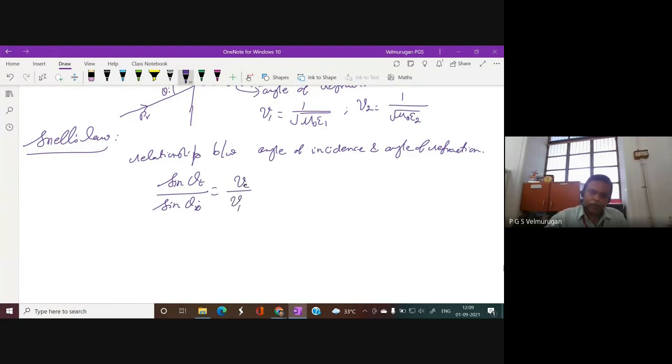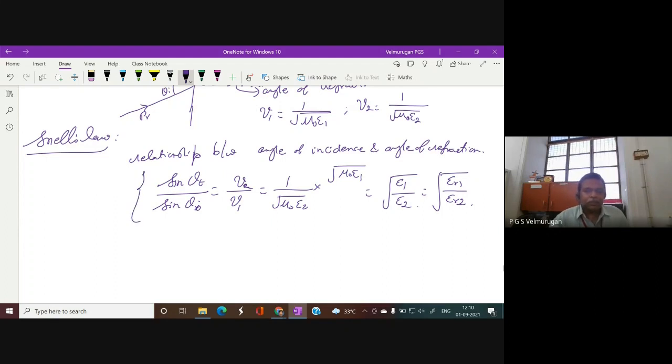What is v2? v2 is 1 over square root of mu naught epsilon 2. And v1 is 1 over square root of mu naught epsilon 1. So this is equal to square root of epsilon 1 divided by epsilon 2. In some cases, you can write it in terms of epsilon r1 divided by epsilon r2 also. So this is our Snell's law.